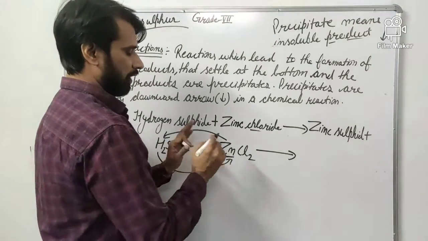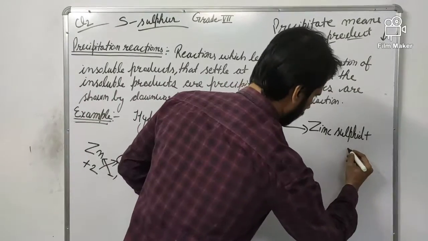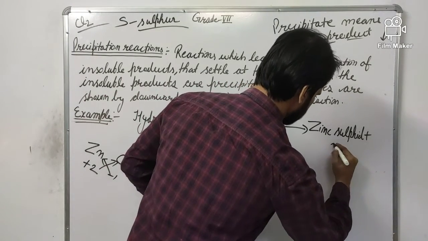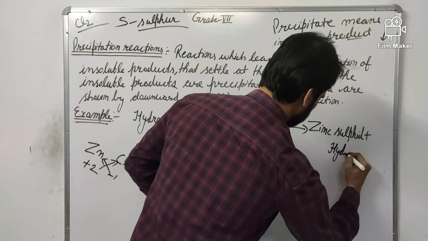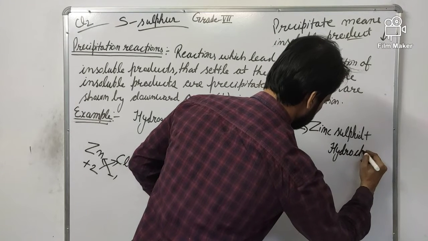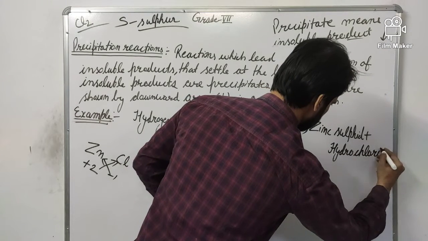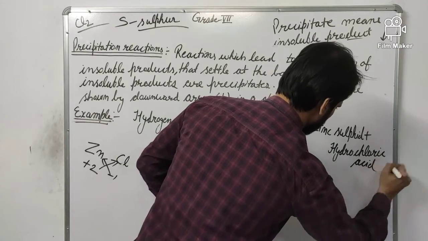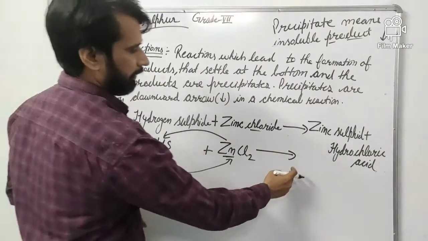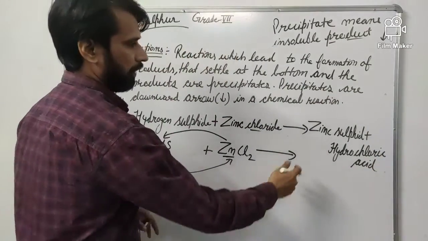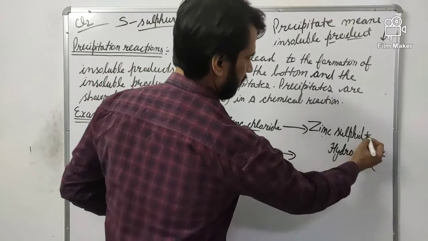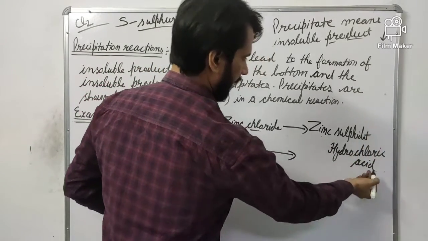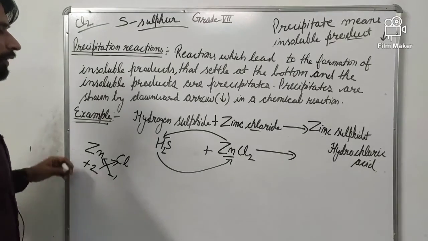So H when combined with Cl forms hydrochloric acid. You all know that. Okay, now I try to write the formulas of both, zinc sulfide and the second one, hydrochloric acid.